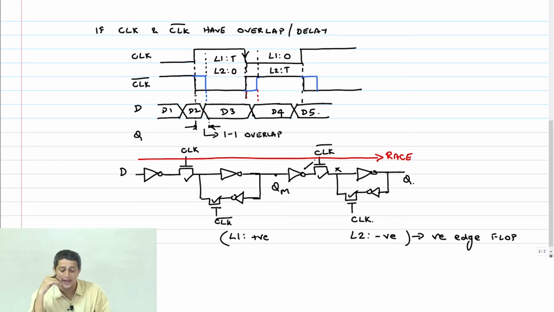So what is the delay constraint in relation to this overlap period that I can impose? Basically what I am asking is, what is the maximum 1-1 overlap that I can tolerate so that this flop does not misbehave? So you said 2 inverters.